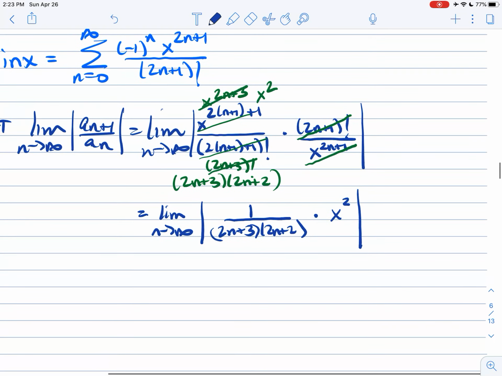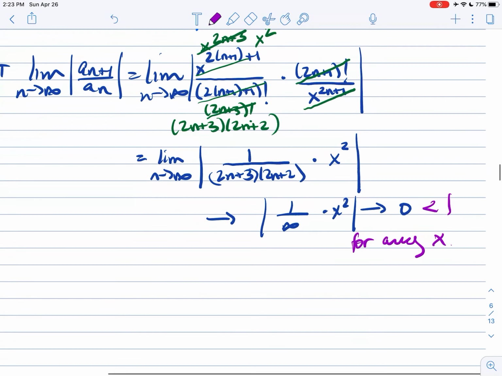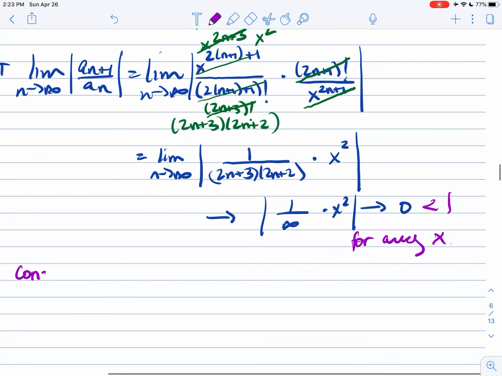Knowing that my limit is as n goes to infinity, n is the variable here, and x squared is a constant. And so I'm going to get the absolute value of 1 over infinity times infinity, which is infinity, times x squared. And that is x squared over infinity, and x squared is a constant there, so we're going to 0. And 0 is less than 1 for any x, right?